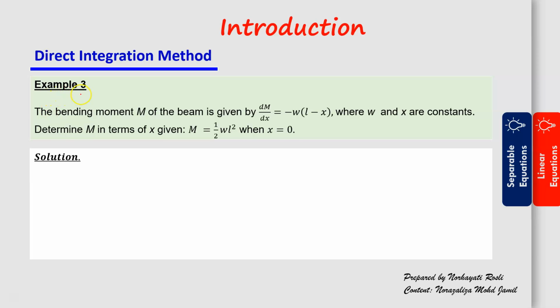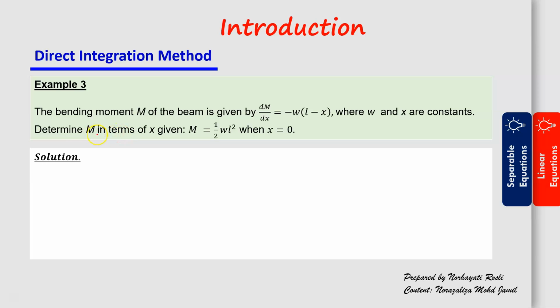Now class, we go to this example 3. We have the problem of civil engineering where the bending moment M of the beam is given by dM/dx equal to negative W(L minus x), where W and L are constants.